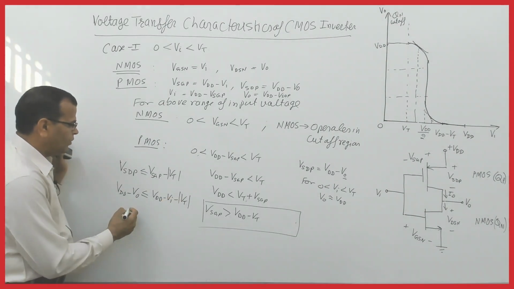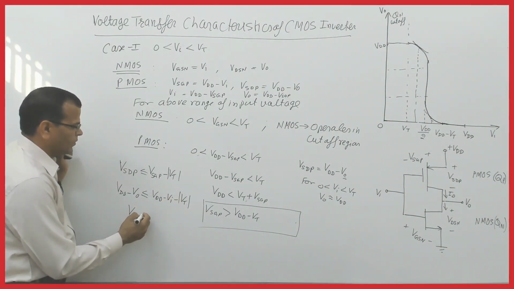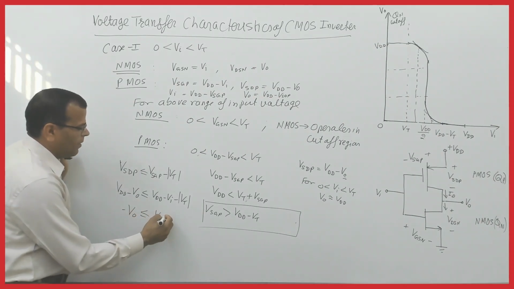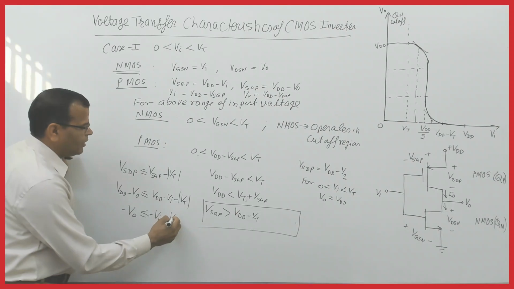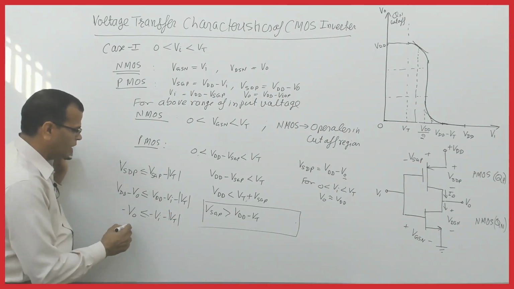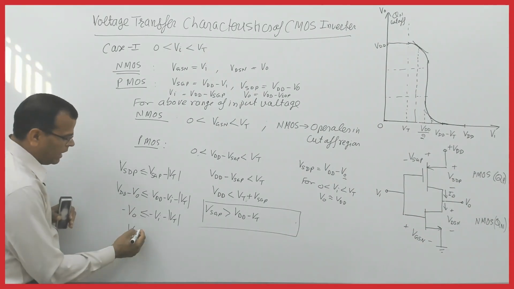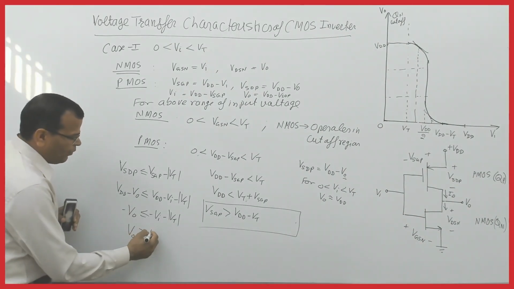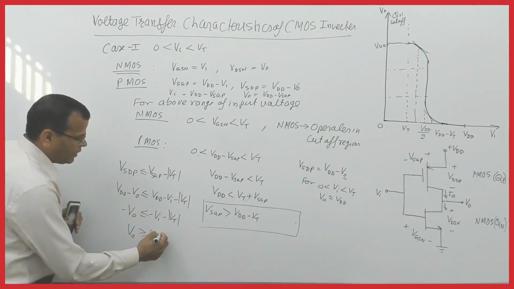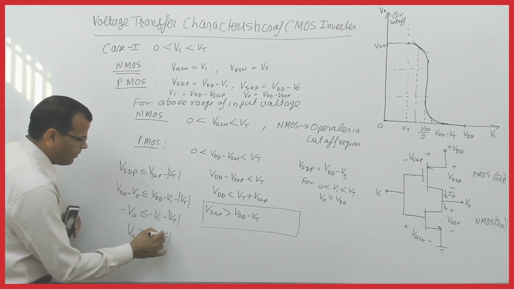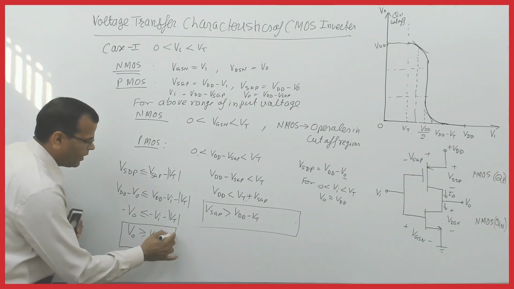So this gives V naught greater than or equal to Vi plus mod of V threshold. This is what you have.